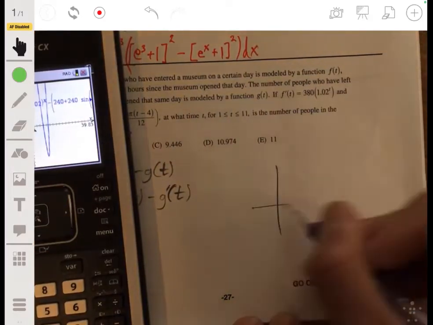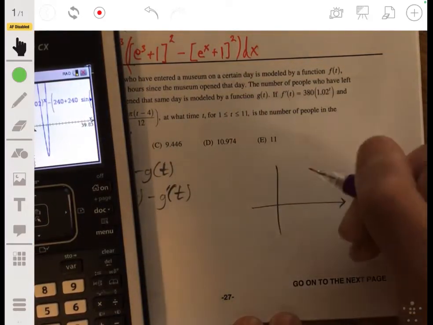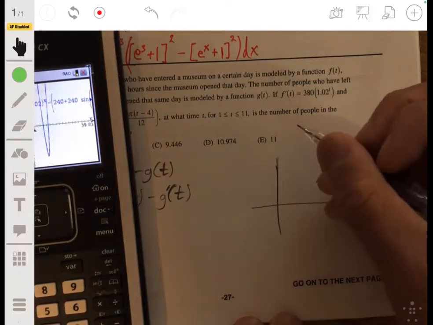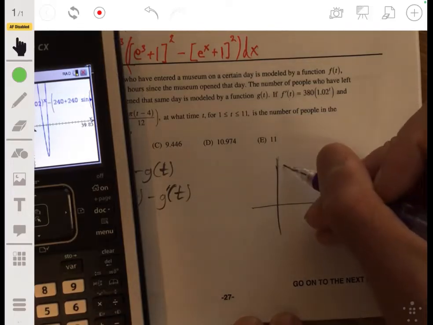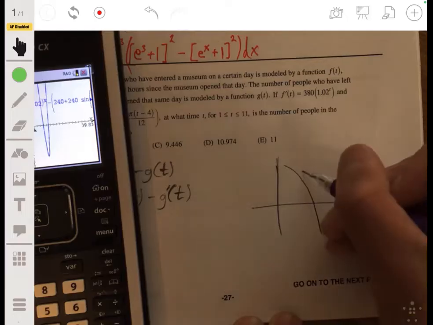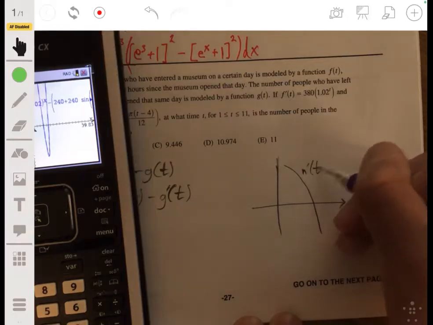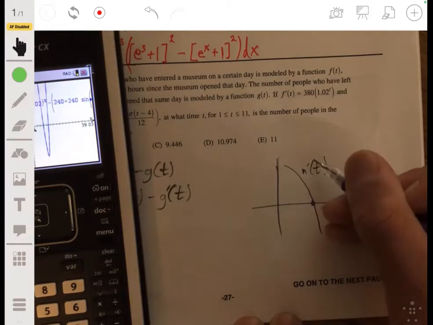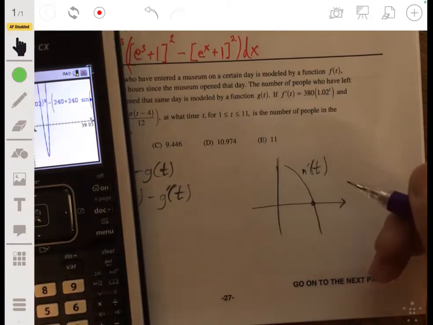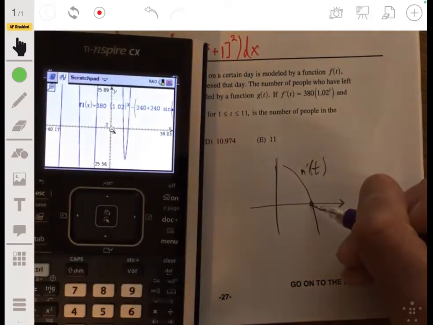So for example, let me just draw a sketch here. So n prime of t does something like this.